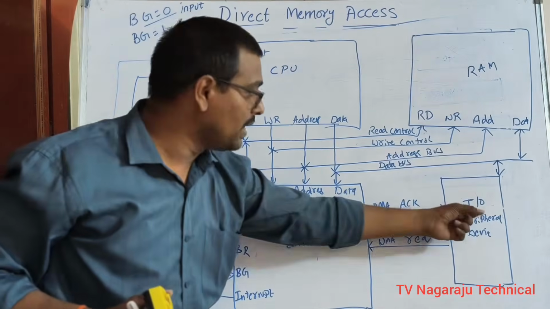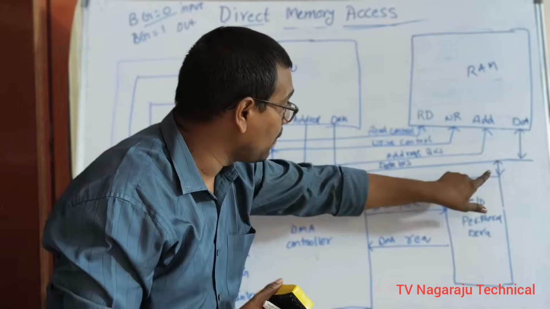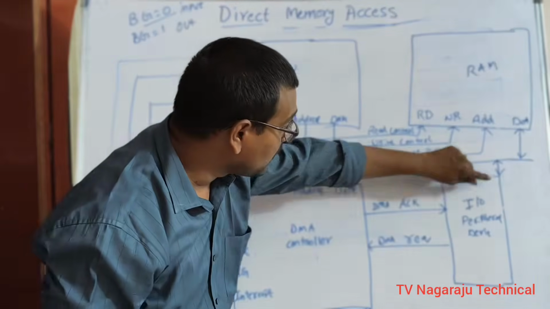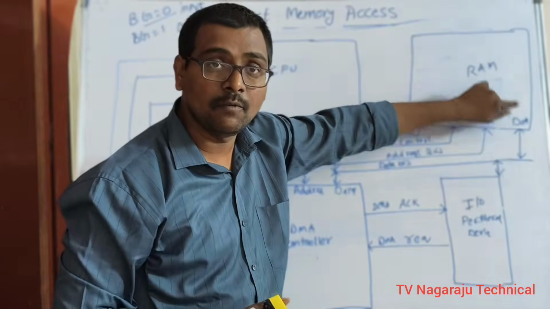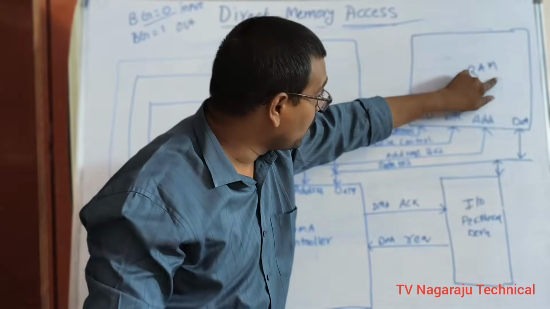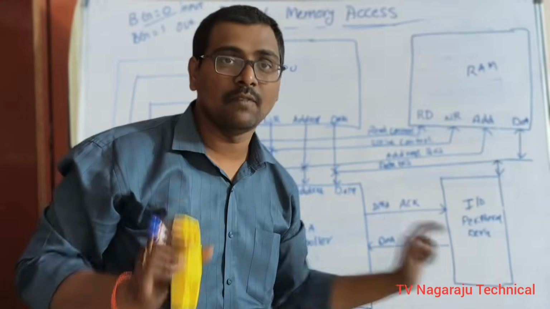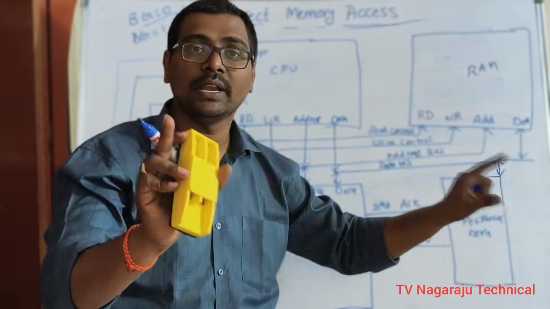Once this IO device receives the acknowledgement, it directly connects to the memory by using this data bus. That is, it can place the data on the data bus and the memory receives the data from this bus, or the memory places the data on the data bus and the device receives the data from the memory. That means these two communicate directly through the data bus.